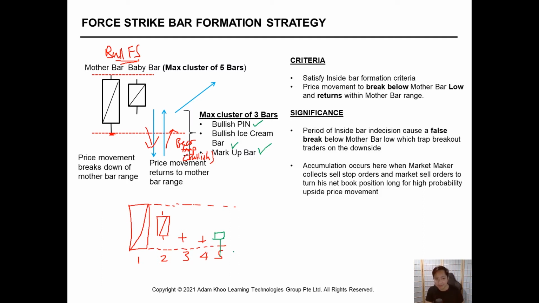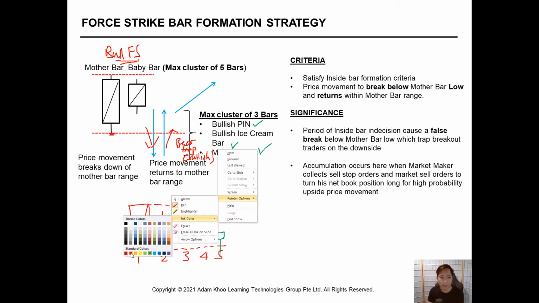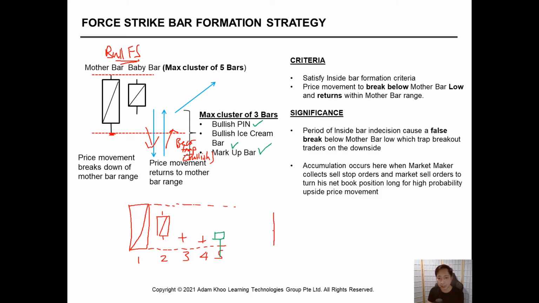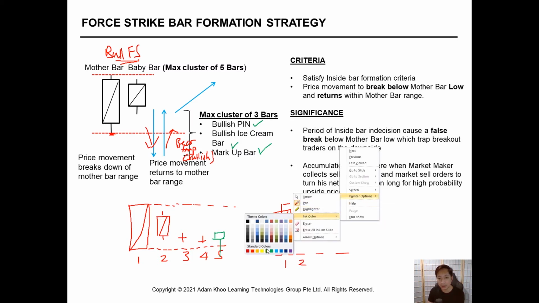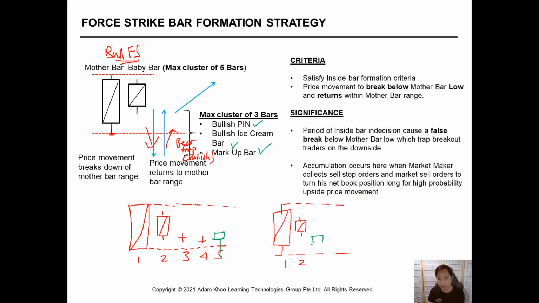Understand? Okay. So what's the minimum number of bars that this can happen? Because you always need to have the inside bar. You only know there's a mother when there is a baby. Let's say this is the inside bar, number 1, number 2. The minimum this can happen is, let's say, this is another pin bar.